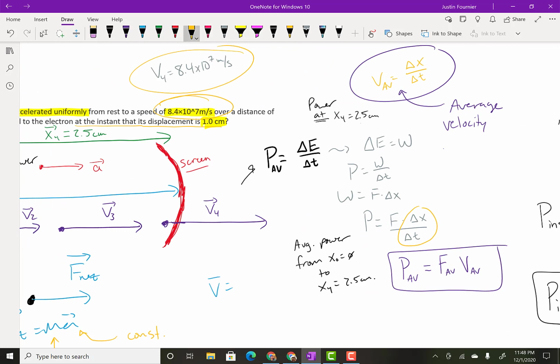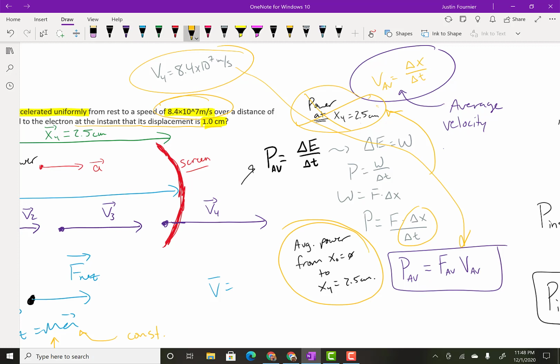So if I plugged in this speed, that would be the power at the position 2.5 centimeters, which is not correct. That's not what I want. Well, let's say I got a little clever and said, wait a minute, this is an average power equation.